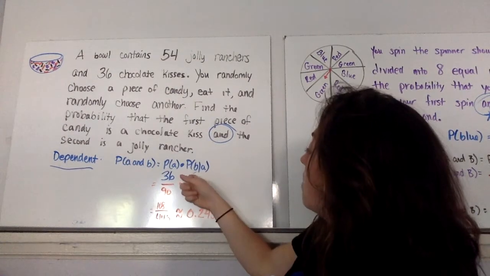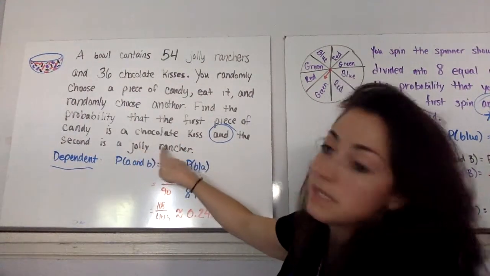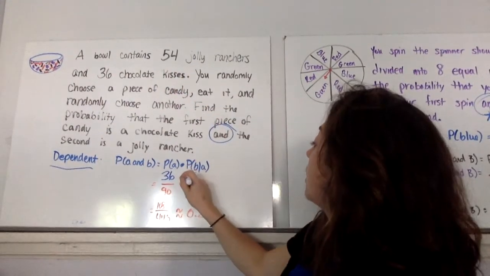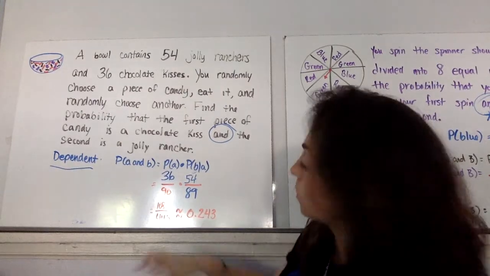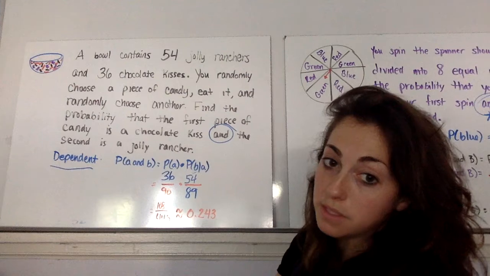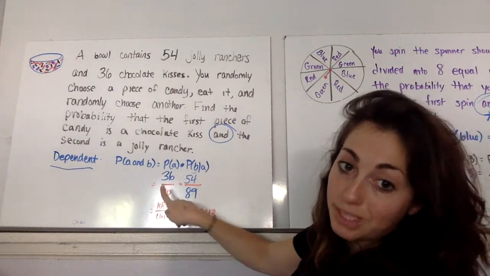And how many B's are there? B is the second scenario, eating a Jolly Rancher. There are 54 Jolly Ranchers out of 89 because I ate one. We're assuming I ate a chocolate one. You assume whatever the first one was. That's why it says given A, meaning that I picked a chocolate one.